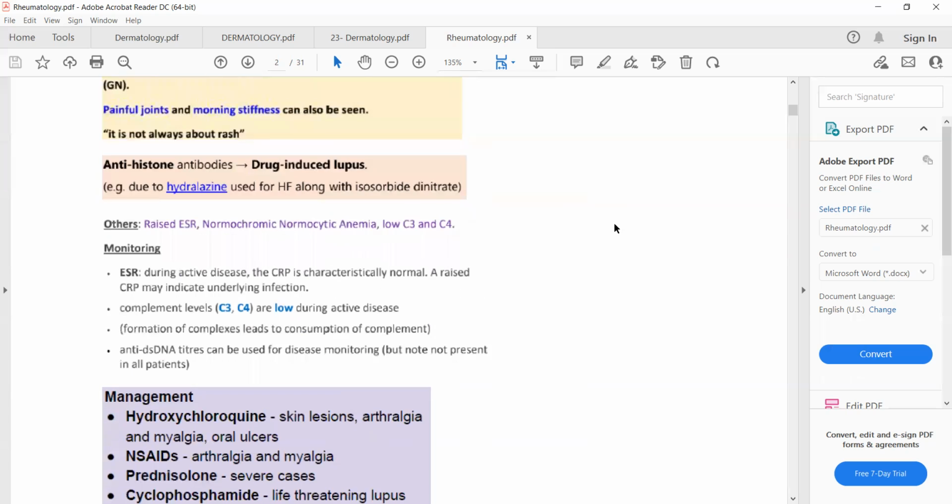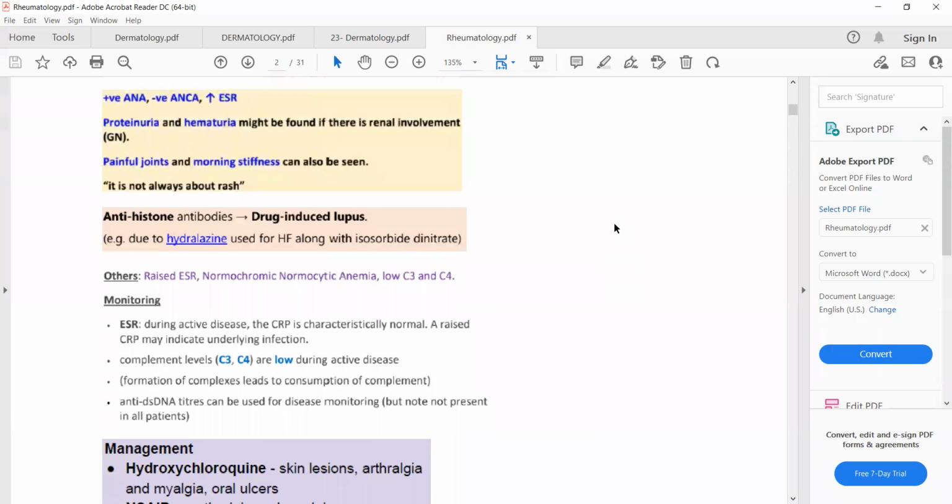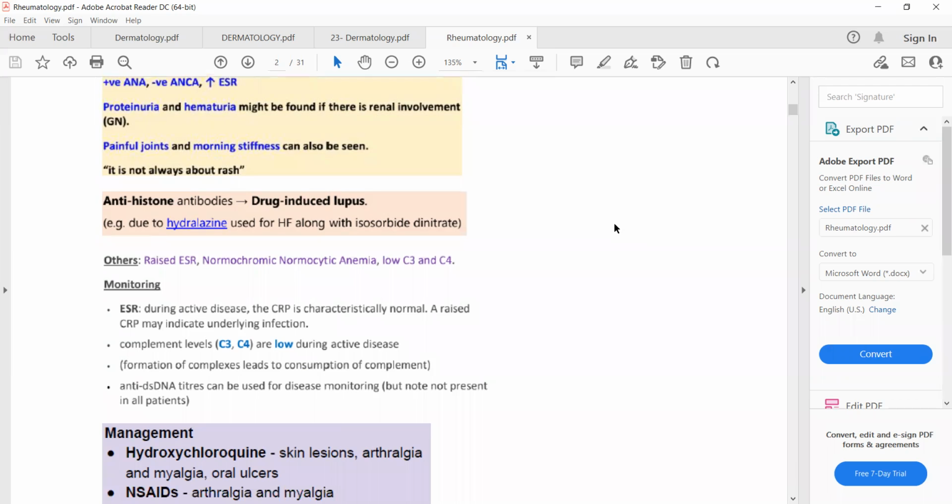So the initial investigation or the most sensitive investigation is ANA, and the most specific or definitive investigation is anti-dsDNA. Investigations to use in the monitoring of the disease are ESR and anti-dsDNA.